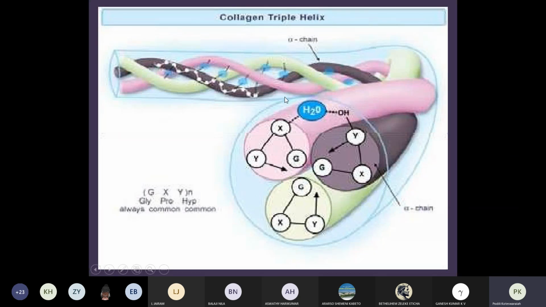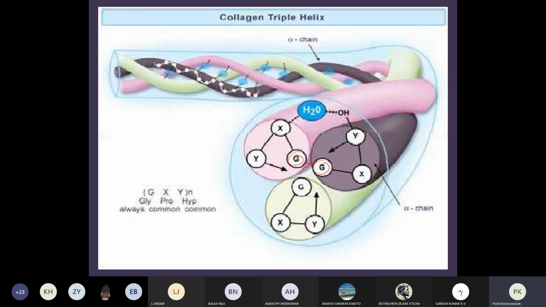And as I already said, when the three polypeptide chains are coiled, three left-handed alpha helices are coiled in a right-handed fashion, and glycine is pushed into the center. You can see here, since it is a sterically crowded environment, and since glycine doesn't have a side chain, glycine gives less steric clash.